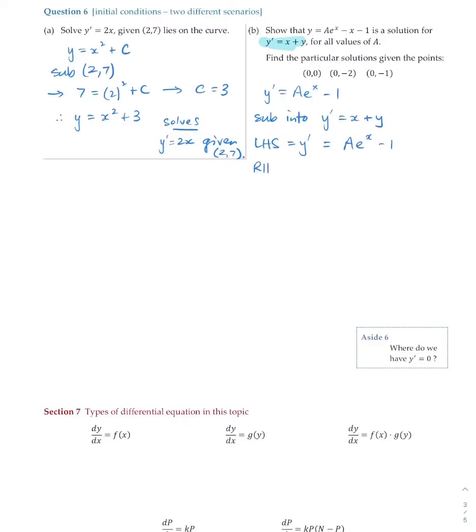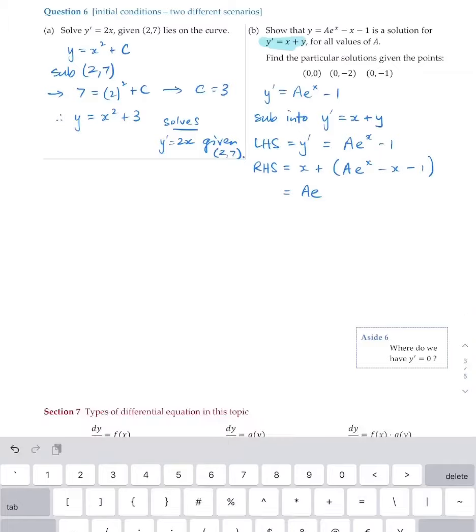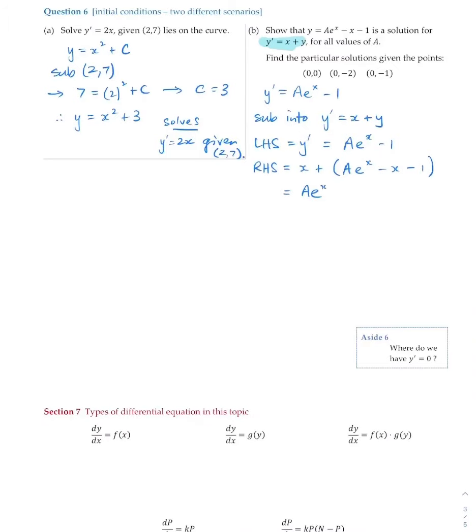And the right-hand side is x plus y. So that's x plus, and then what's y? You can see how this works. The x's will cancel, leaving a e to the x minus 1, which is the left-hand side. So we've shown that.